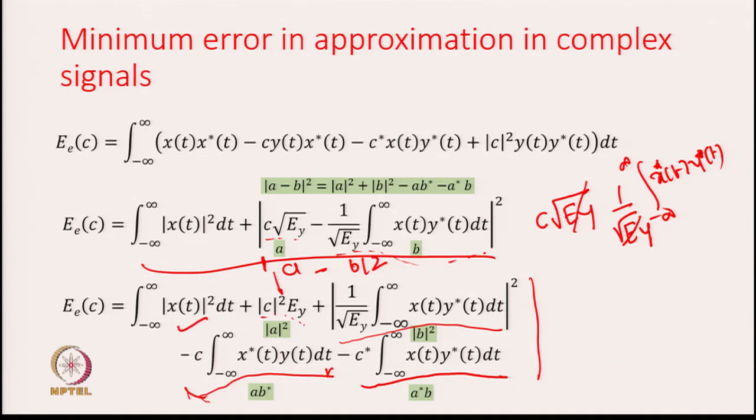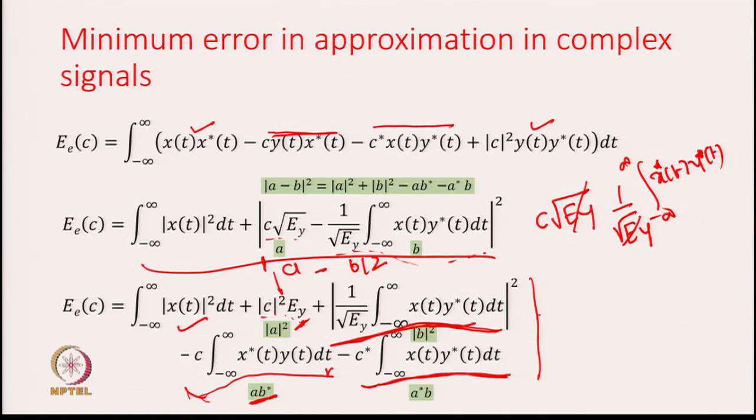So, this part is present in this expression, this part is also present here. So, we have mod a square also available here. This part is missing in this expression. So, this is not present. Is this present? a b conjugate is present. Yes. So, this is present here, and this part a conjugate b is also present here.